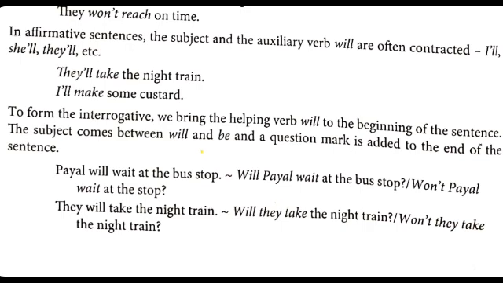Later on, you add a question mark to end the sentence. For example, Payal will wait at the bus stop. When you have to ask a question, you ask, will Payal wait at the bus stop? And if it is in a negative way, you write, won't Payal wait at the bus stop?